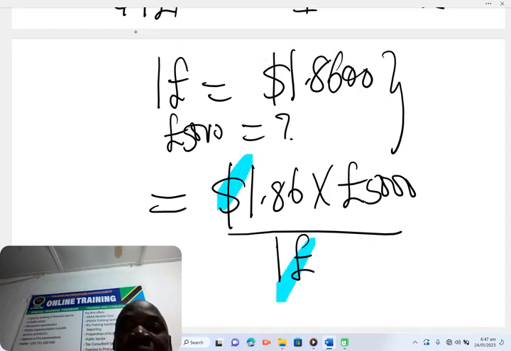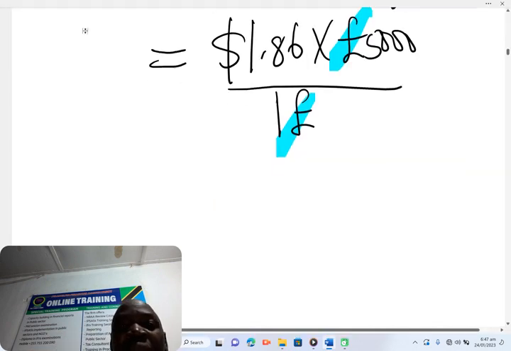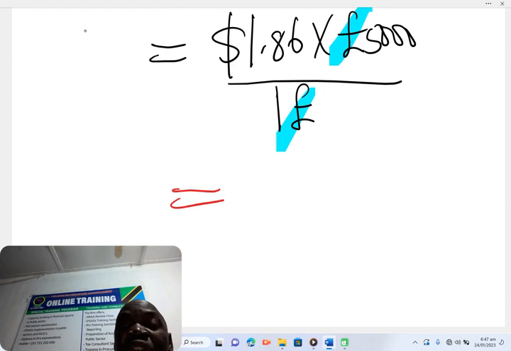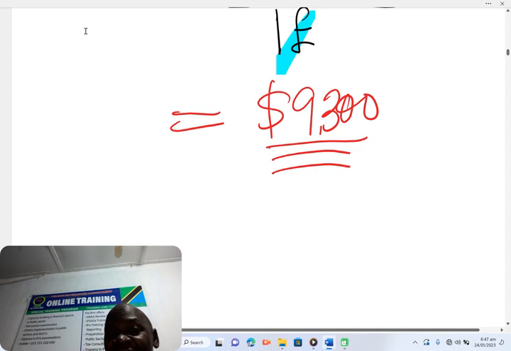It is $9,300. This one here. So we are saying the bank is selling, isn't it?